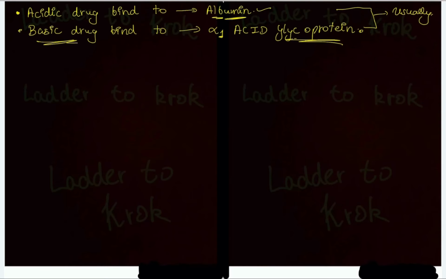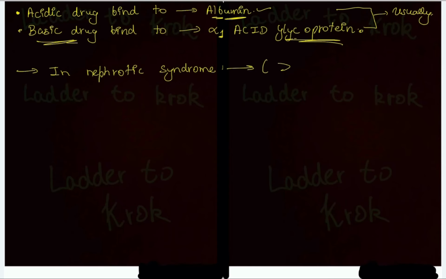Now let's come back to the point of why we need to study this. As you know, there are two types of kidney disorders, nephritic and nephrotic. You will study about them in pathology. I'm just telling you, in nephrotic syndrome, what happens?